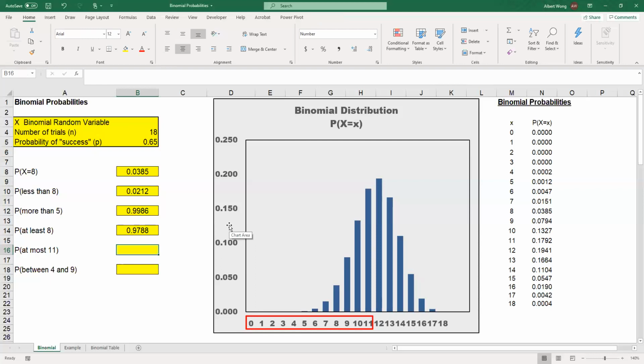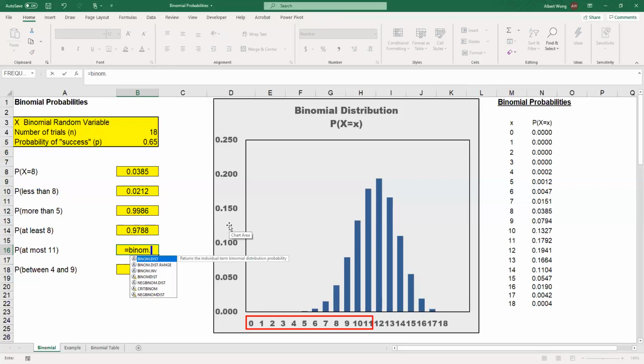So in terms of the Excel function, we will say equal sign binom.dist, 11, 18, 0.65, and 2.